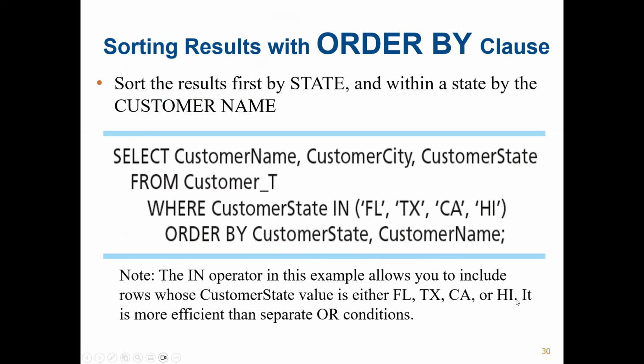And it's more efficient than separate OR conditions. It's like the previous one. So we can say IN desk, comma, space, and table. We can also use that. Also we can say Florida or Texas. Where customer name, Florida or Texas, California.